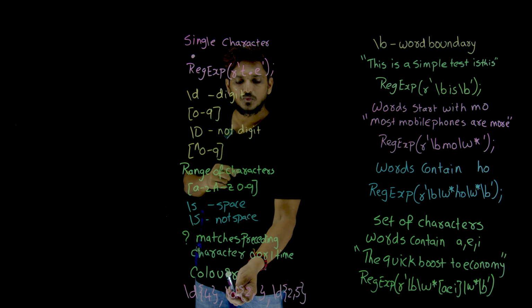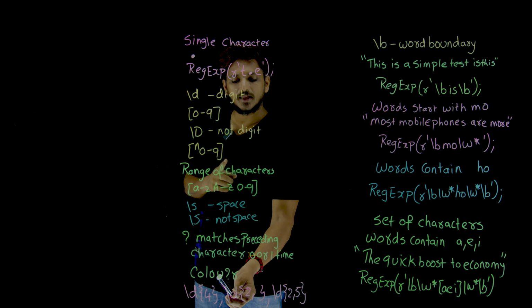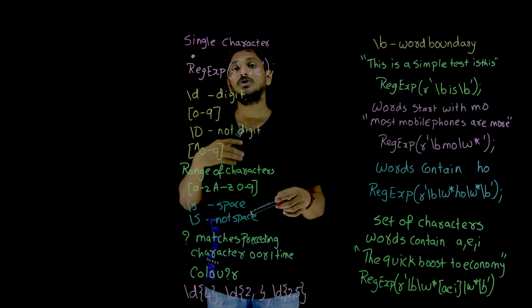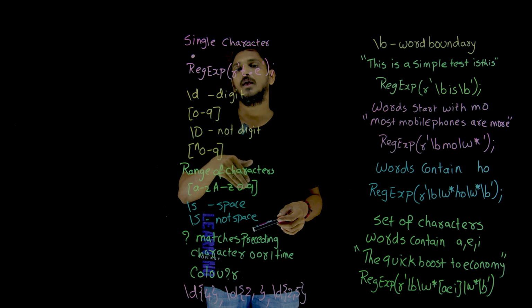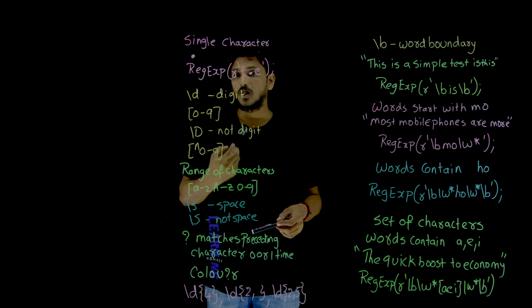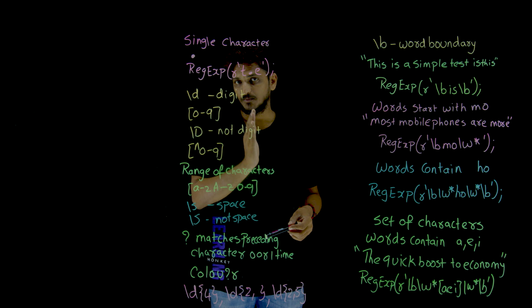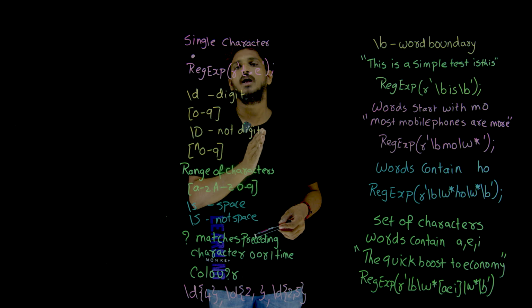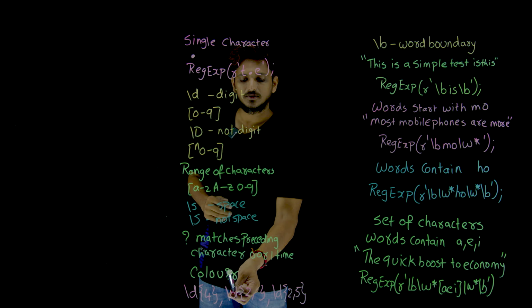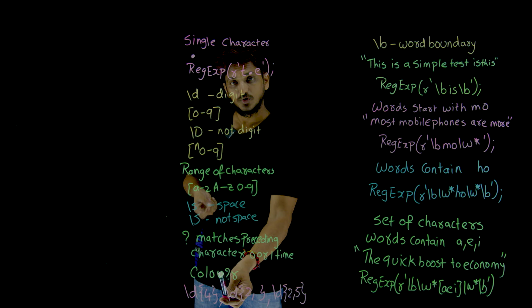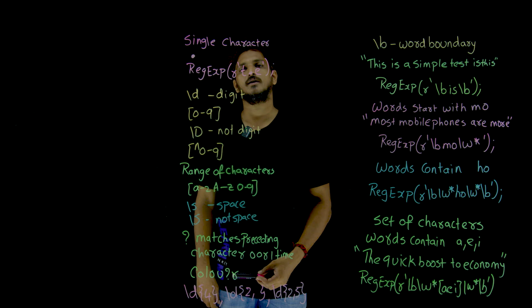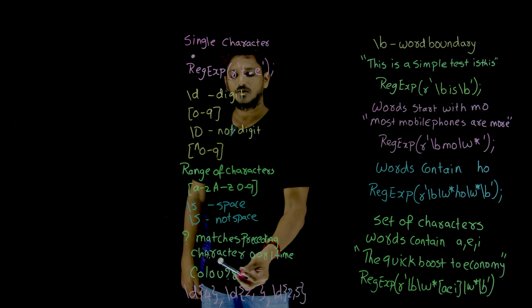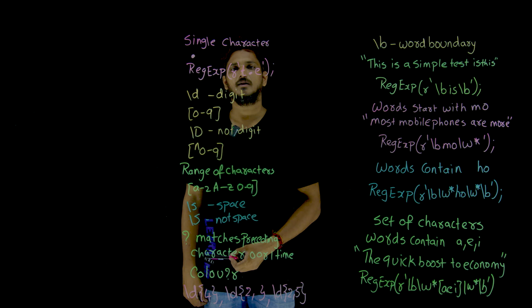Then U question mark means the character U before it can be considered 0 or 1 time. It is going to identify all the words, whether written in British English or American English, it doesn't matter, because if U is there, it is going to take it. If U is not there, it is going to take it as color. So that's why we are going to use the question mark symbol.